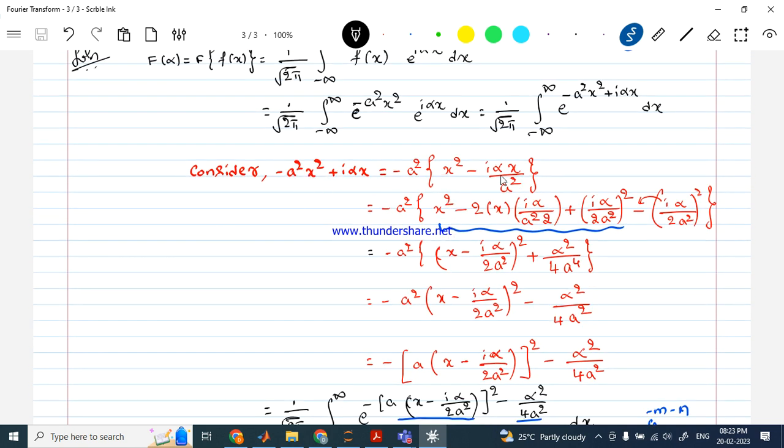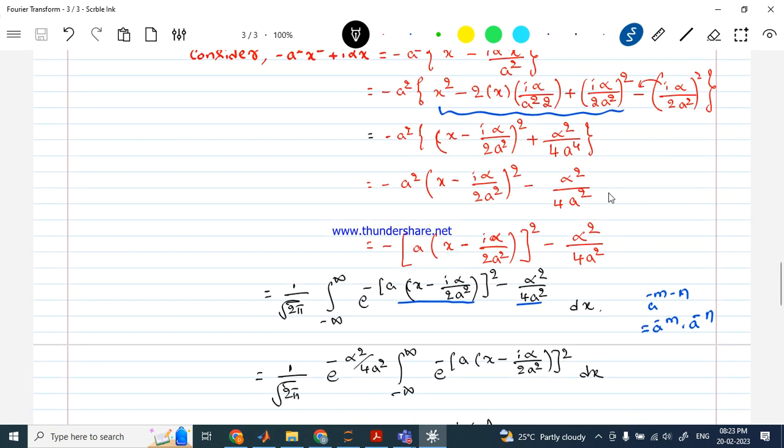So x square minus i alpha x by a square remains. This is my a square minus 2ab, where a is x. Whatever remains now after writing this 2x, that is my b. Add b square, subtract b square. This becomes a minus b whole square, plus i square becomes minus, this minus into this, plus alpha square by 4a power 4. Multiply this minus a square inside.